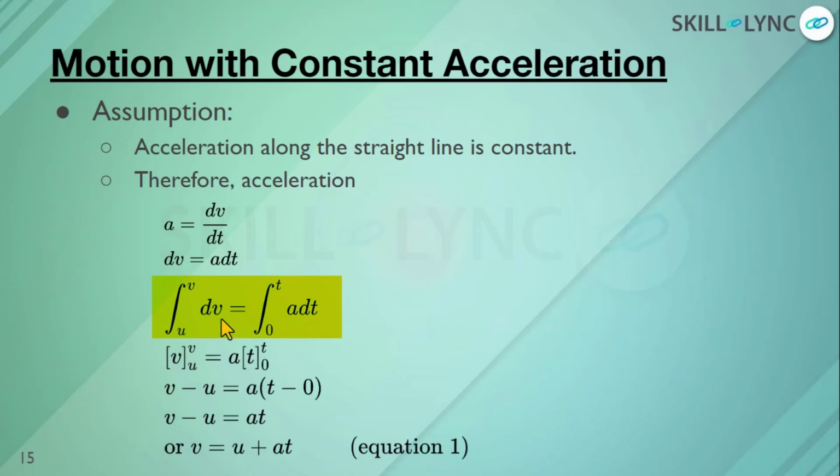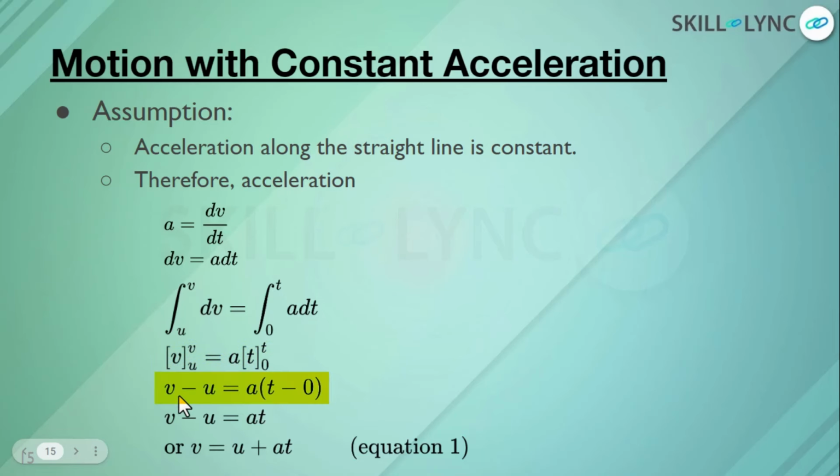Thus, the integral of dv from u to v equals the integral of a dt from 0 to t. Applying integration rules, this can be written as v from u to v equals a, as a constant, it comes out of the brackets, and t is written as t from 0 to t, where 0 is the initial time and t is the final time required to attain the velocity v from u.